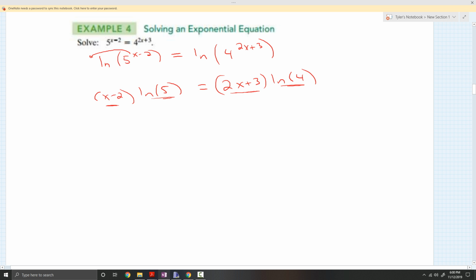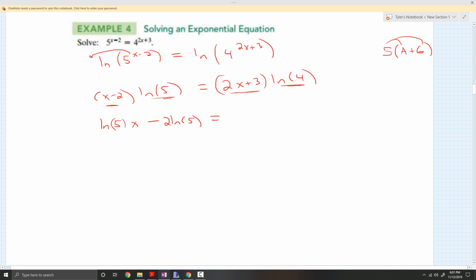That's just like if I had 5 times a plus 6, or something like that. We'd have to distribute the 5 through. So that's what we'd want to do next, because we're trying to isolate x by itself. So this would give me the natural log of 5 times x minus 2 times the natural log of 5.